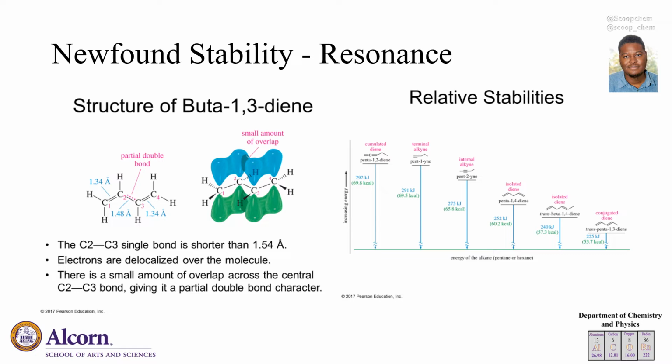But if you skip over to the conjugated diene, if you look at the diagram here, it's the lowest energy structure, corresponding to being the most stable. Those 2 pi bonds can effectively overlap and allow delocalization. If I take a look at the terminal alkyne, it's higher in energy than the non-terminal alkyne.